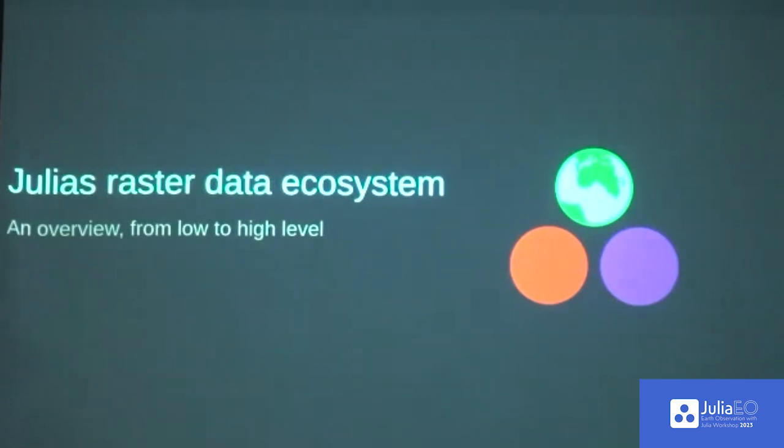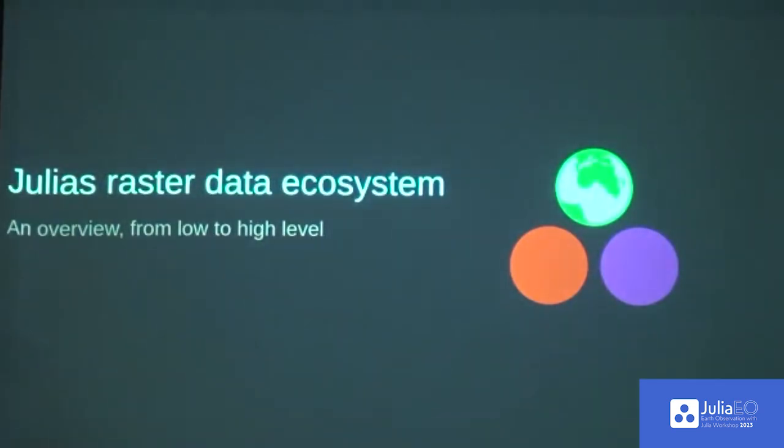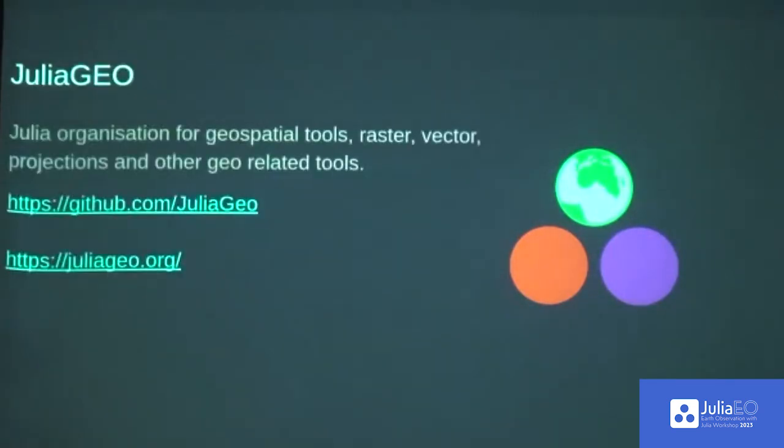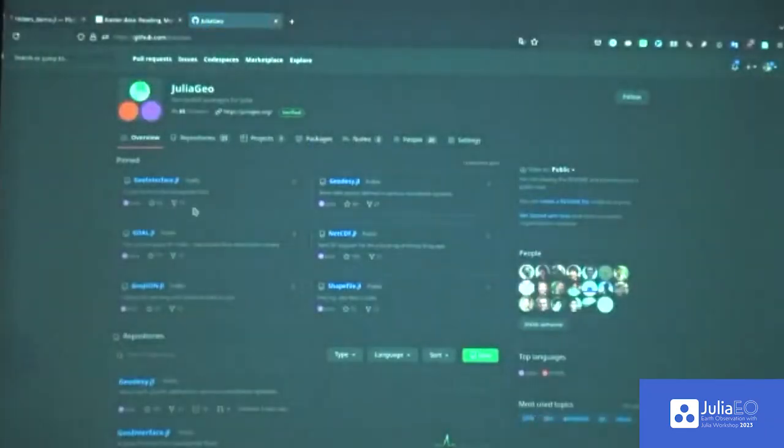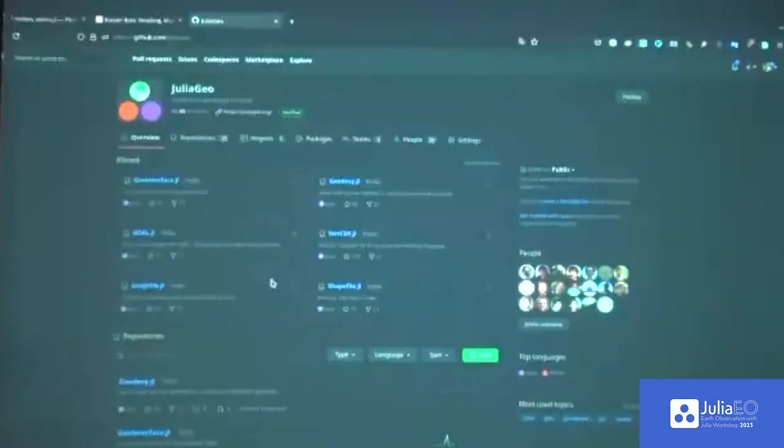Okay, so first we'll have a look at the Julia raster data ecosystem. The overview org for raster data and for vector data and other geospatial tools is JuliaEO, which Martin Visser will talk about tomorrow, I think. So a GitHub organization is a way of grouping a lot of developers together with a common goal.